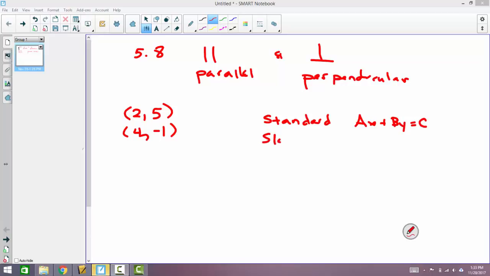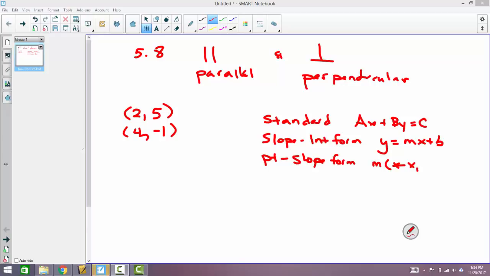The slope-intercept form or y-intercept form, y equals mx plus b, and then the point slope form. And you're probably going to want to do this one first, this one second, and this one third. Go ahead and hit pause, and when you're done, come on back.